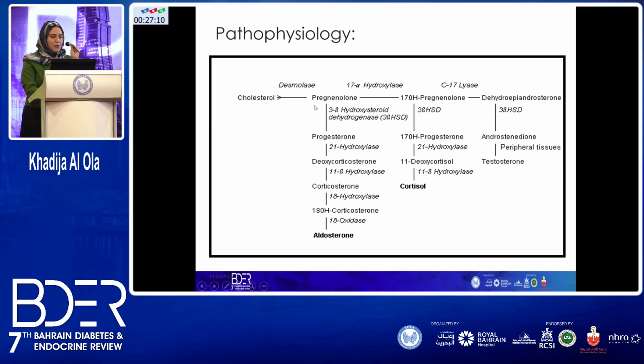The main enzymes are the desmolase here, the blockage here, deficiency here. We have 3-beta hydroxysteroid dehydrogenase in the 3 lines, 17-alpha, 21, which is the most common, in 2 pathways, 2 lines, and 11-beta.